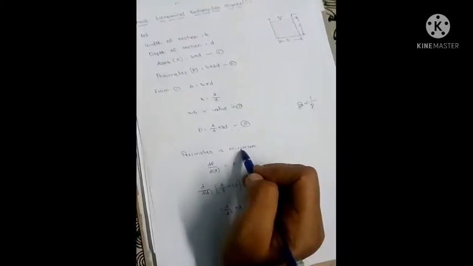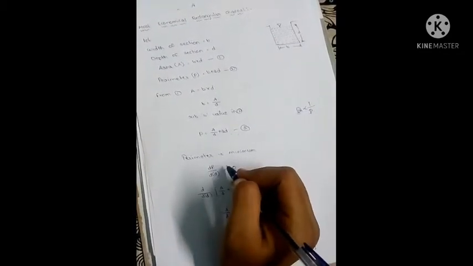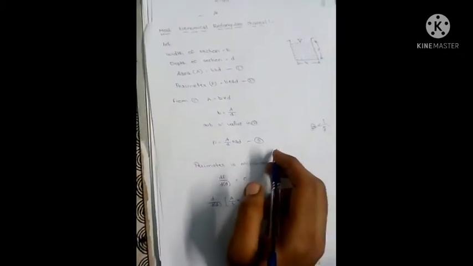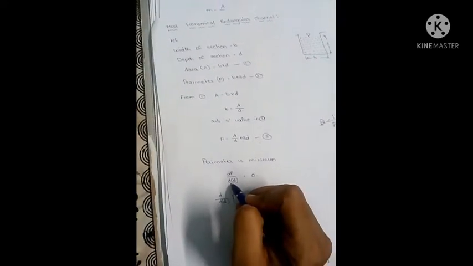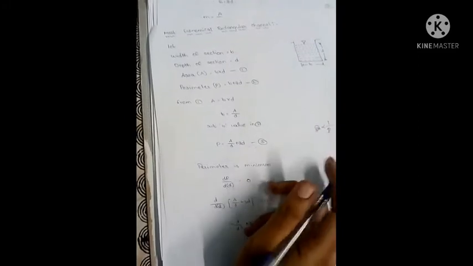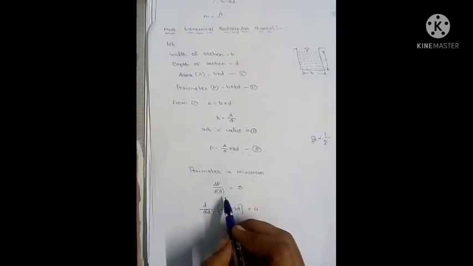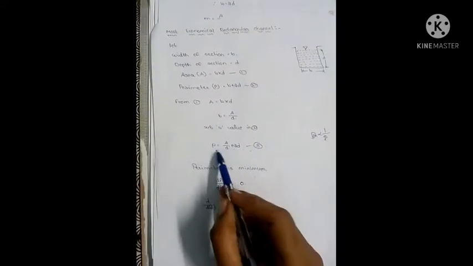For making the perimeter minimum, what we do is differentiate P with respect to d and equate it to 0. We know the P value: A by d plus 2d.